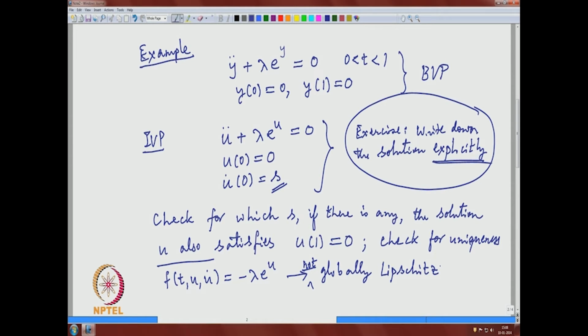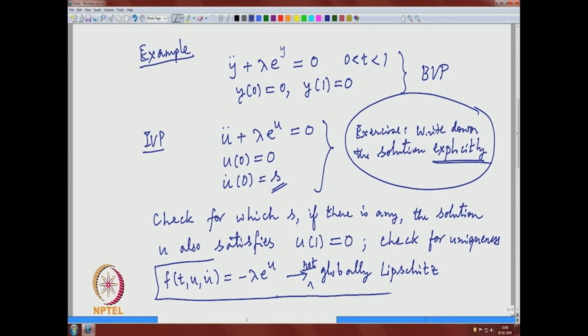But yet the solution exists for all t in the interval [0, 1]. That is important. If one wants to state it as a theorem, one has to be very stringent, so maybe you put lots of conditions, but in practice such stringent conditions may not be required.